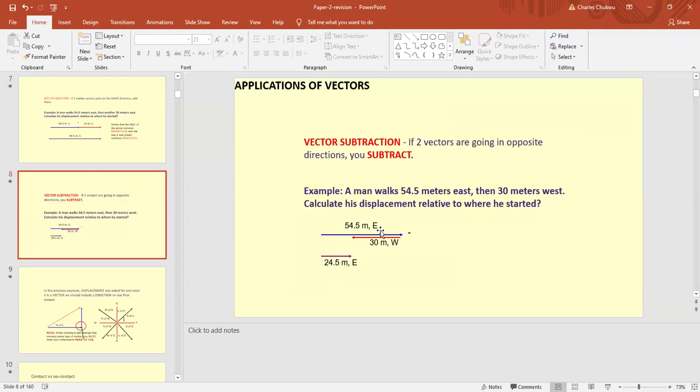In other words, usually the resultant vector will go in the direction of the bigger one. That's what happens in this scenario. And then you can see that the resultant is 24.5, the result of 54.5 minus 30, and it will definitely go in the direction of the bigger one.